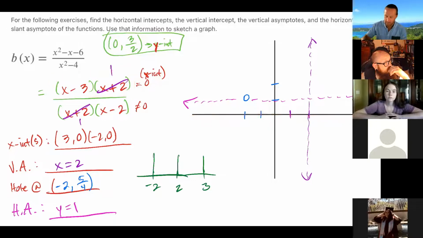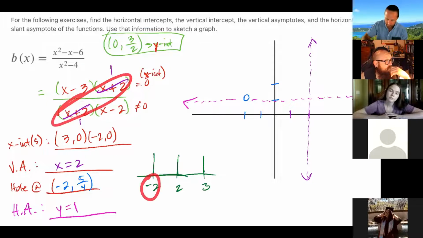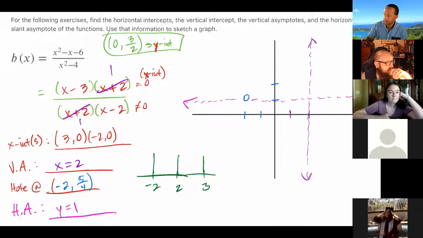So unfortunately, that's why we have to test every 0. That's a good thing, you don't have to think. Use all zeros on top and bottom. So I chose the -2, the 2, and the 3. And I know it's either going to be above or below in each and every one of these. Positive or negative in every interval.